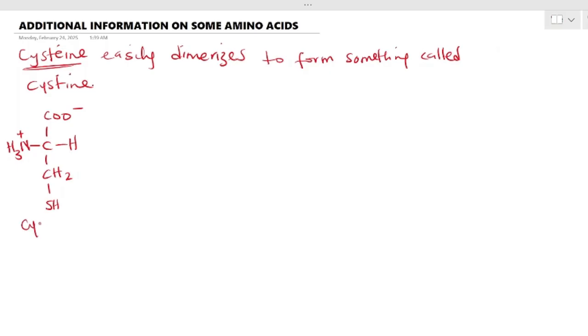So we're going to join another structure of cysteine to show how the dimerization takes place.